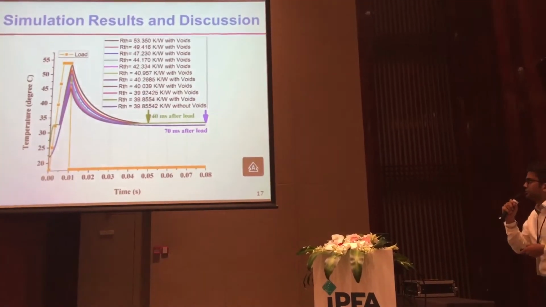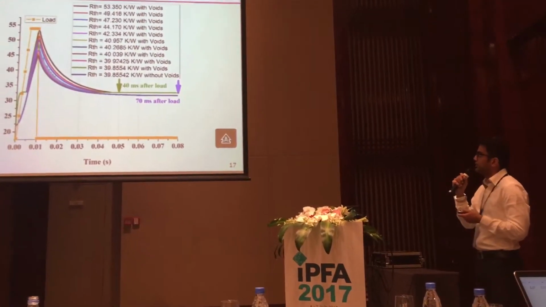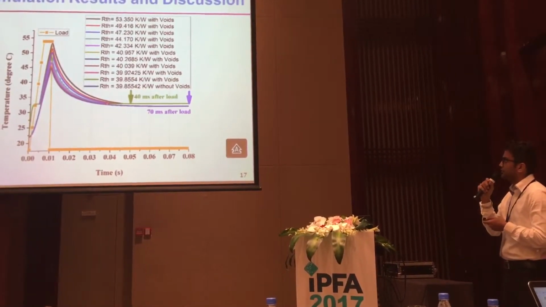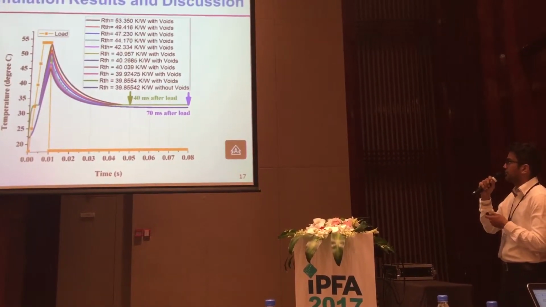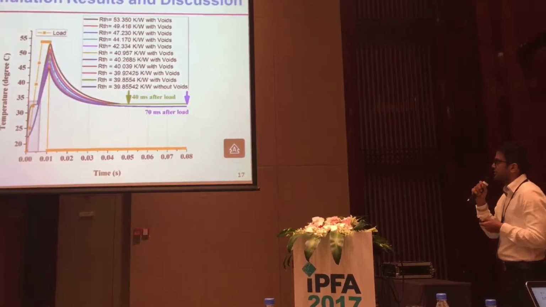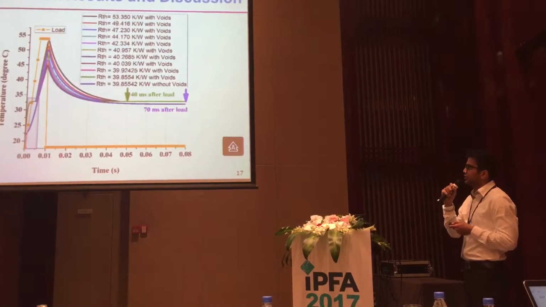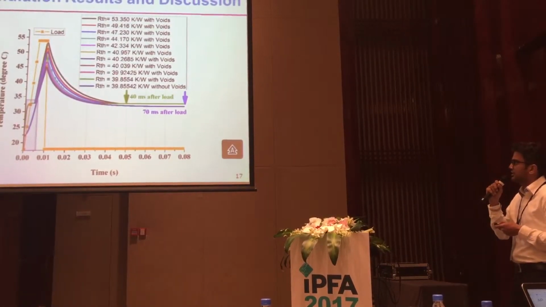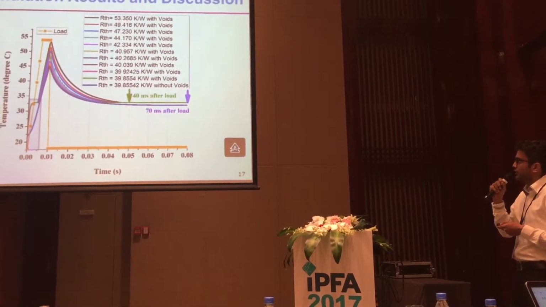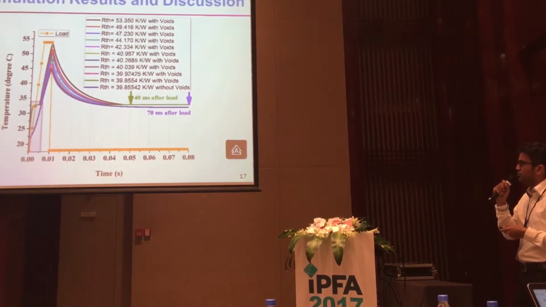Now in this result we have three main elements. I'll share them one by one. The curves in different colors are for variable RTH, some with voids and some without voids. The first part to discuss is this initial region, somewhere less than 10 milliseconds. In this region we can see that the curves with voids differ, and this straight curve belongs to the one without void.